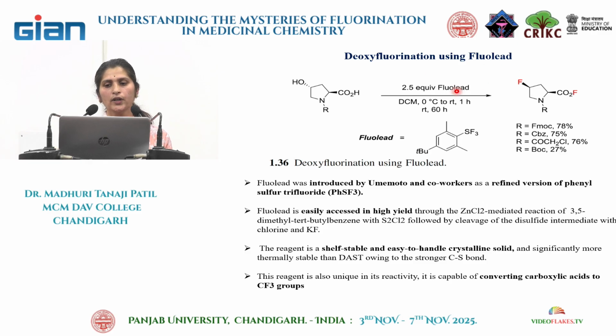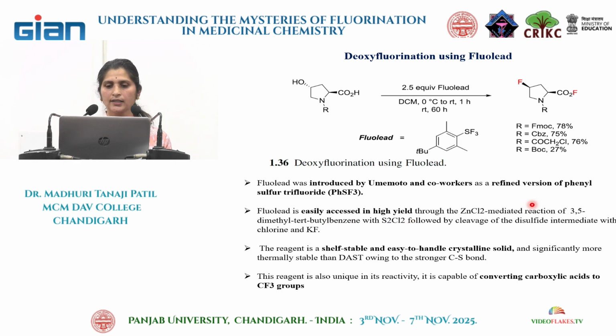Okay, now Fluolead. Again, this is a new reagent, and it is a refined version of phenyl sulfur trifluoride. This reagent is called Fluolead. It will also introduce fluorine, and instead of OH you can now have fluorine. Fluolead is easily accessible in high yield, and you can prepare it by reaction of zinc chloride with 3,5-dimethyl tertiary butyl benzene with S2Cl2.